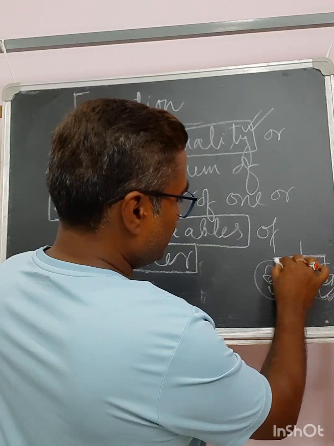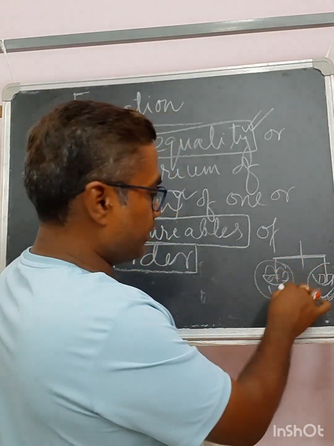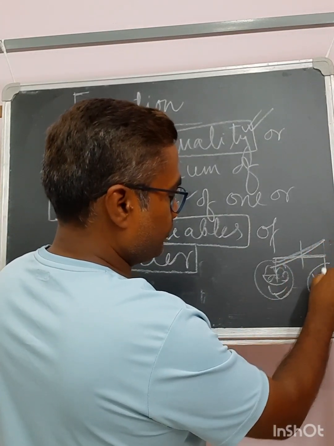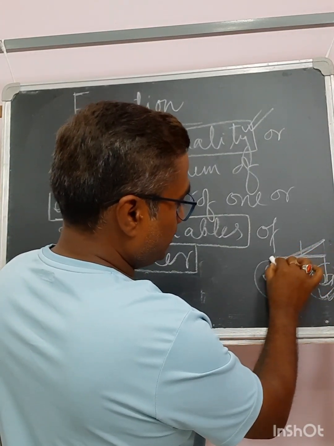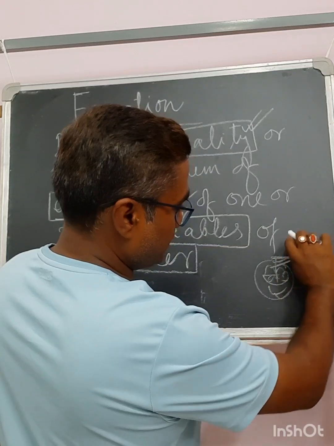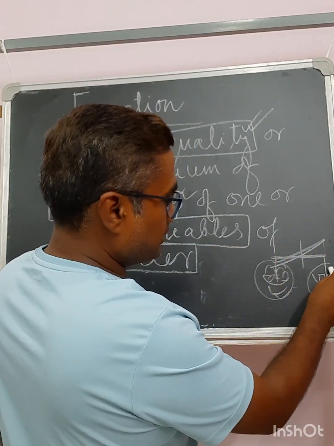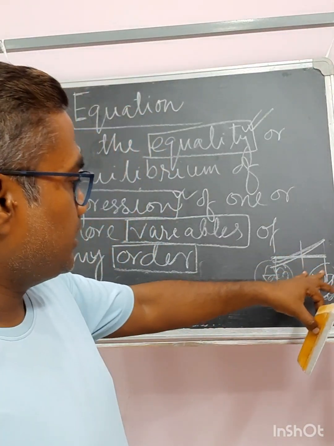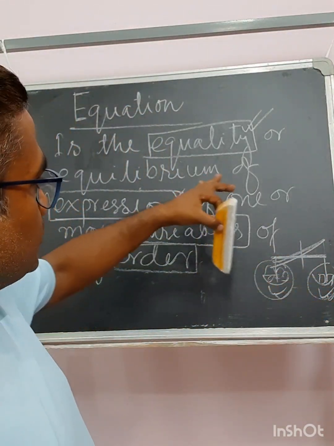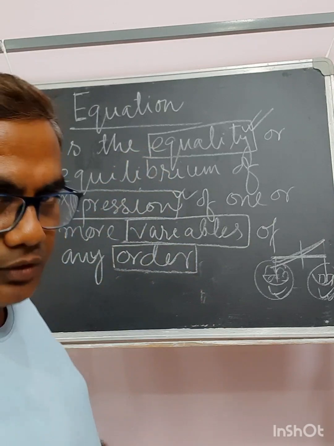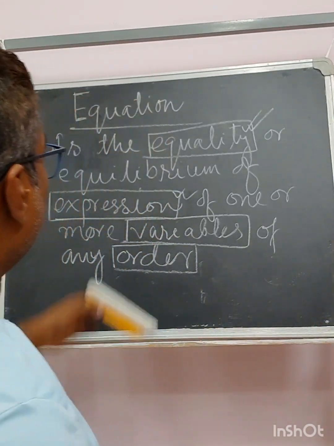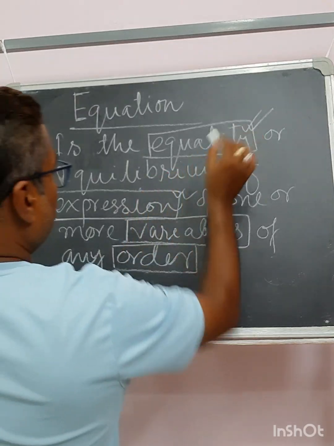Initially, when I put the unknown weight here, it tilts, and slowly as I put the standard weight, it starts straightening its arm, and at some point it is completely horizontal. This is the state of equilibrium. That also happens for an equation. So equality and equilibrium mean the same.